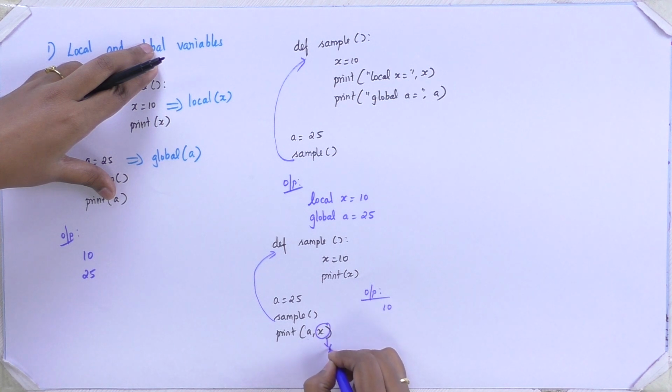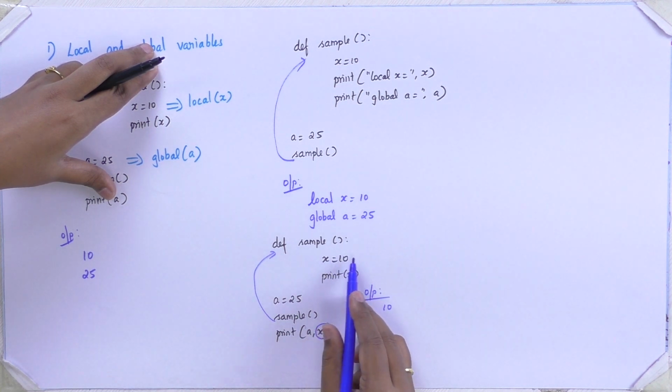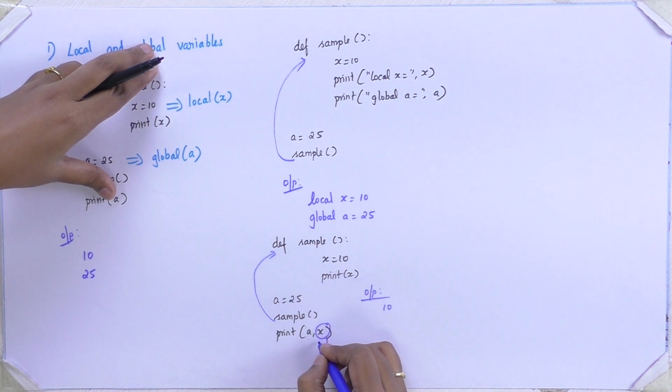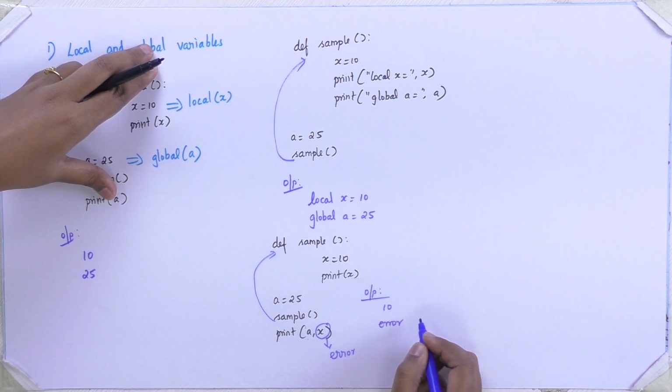Here you will get an error because x's life is only within the function. You are trying to access x outside the function, that is not possible, so you will get an error here. So remember that if it is a local variable, you can access it only inside the function. If it is a global variable, you can use it anywhere inside the program.